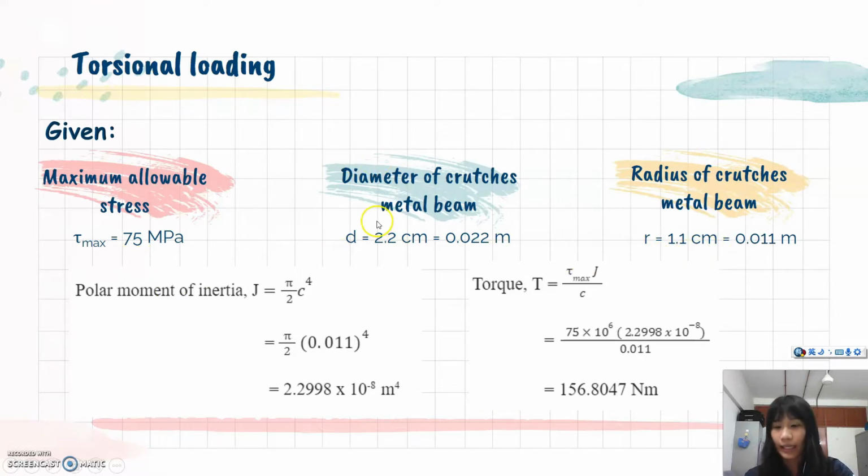From the data given, we can find the polar moment of inertia by using the formula pi over 2 multiplied by c to the power of 4, and we get 2.298 times 10 to the power of negative 8 meter to the 4. When we calculate the torque, we get 156.8047 Newton meter. Alright, that's all for me.